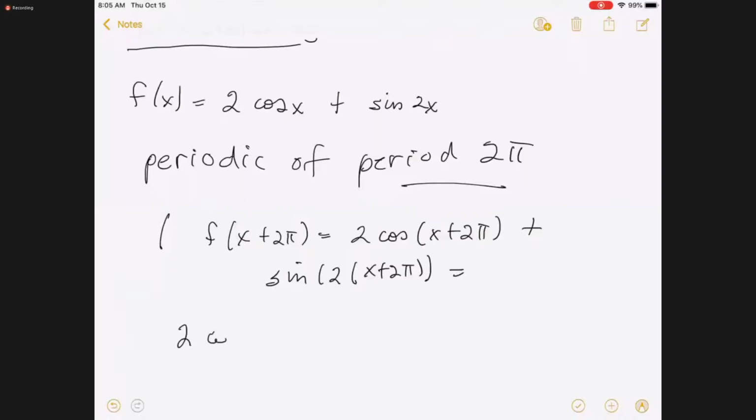So this is 2 cosine of x, if I remember these correctly, cosine of 2 pi minus sine of x times the sine of 2 pi, plus, using trig identities, the sine of, it's really 2x plus 4 pi.